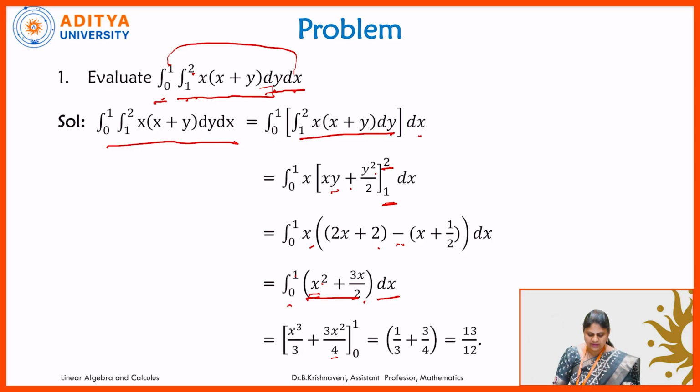Substitute the limits, upper limit x equal to 1, lower limit x equal to 0. If you substitute upper limit x equal to 1, the value becomes 1 by 3 plus 3 by 4, minus the lower limit. Both terms contain x, so we substitute x equal to 0 and the lower limit becomes 0. So 1 by 3 plus 3 by 4 is equal to 13 by 12.